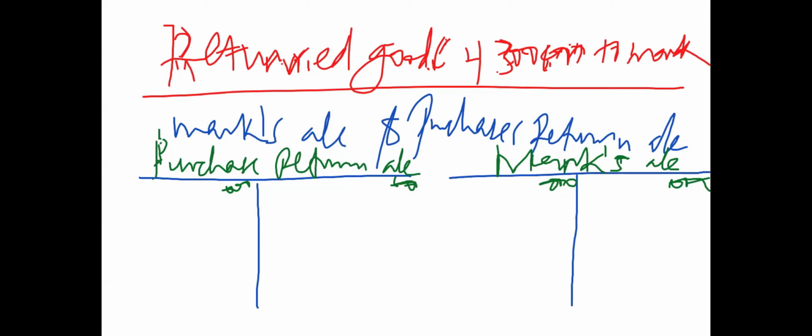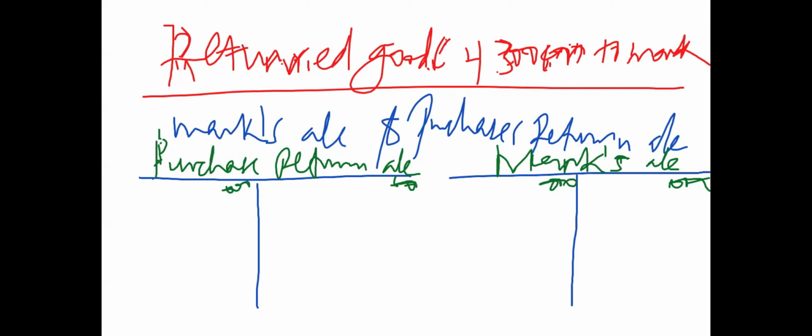Now, the next question we shall ask ourselves is which of these accounts is going to be debited and which one is going to be credited. One thing, you can look at it from Mark's side. Mark's account is a personal account, and since we are returning goods to Mark, the rules for personal accounts are you debit the receiver, then you credit the giver.